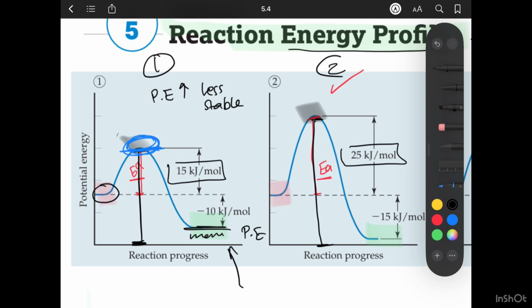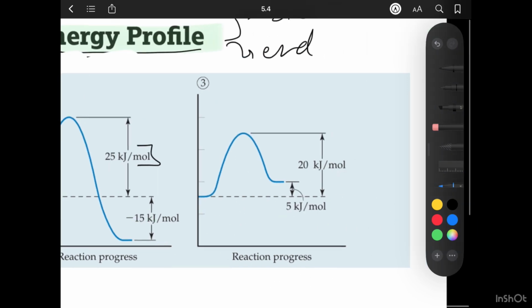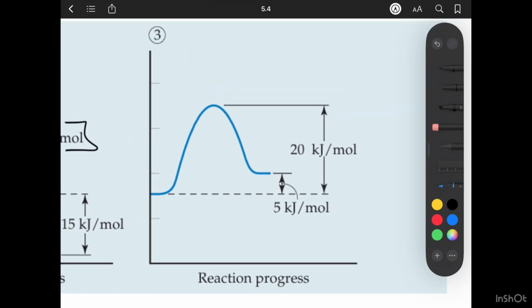Now let's go to the opposite of exothermic reactions, which is the endothermic reaction. Let's take more examples. Let's look at this one. This is an example of an endothermic reaction. As we can see, the energy of the products is greater than the energy of the reactants.